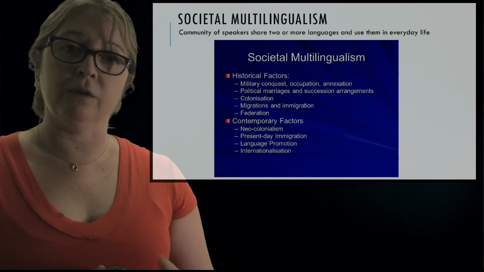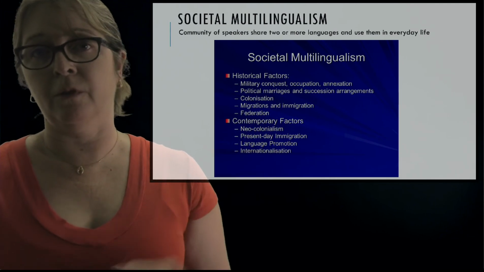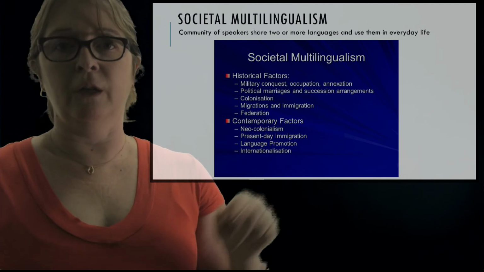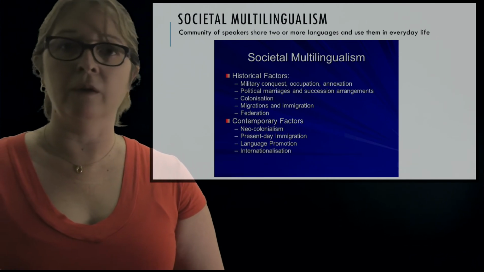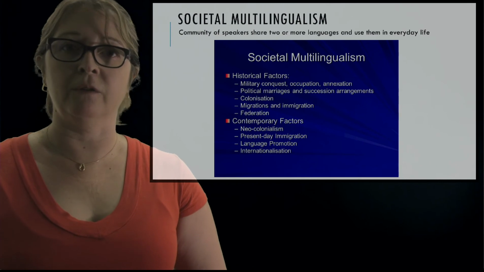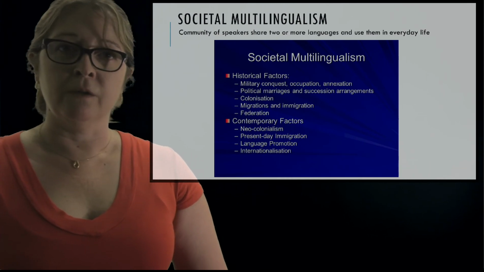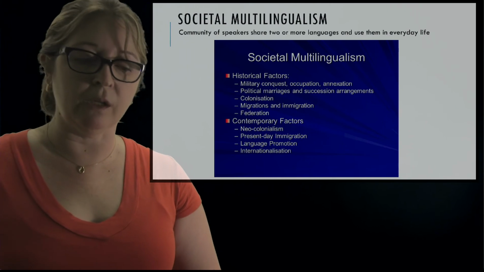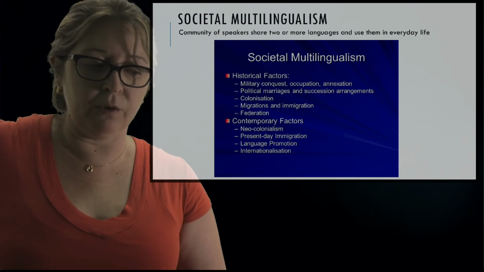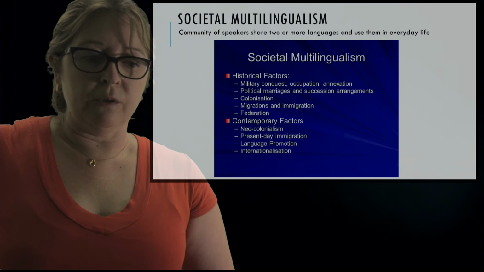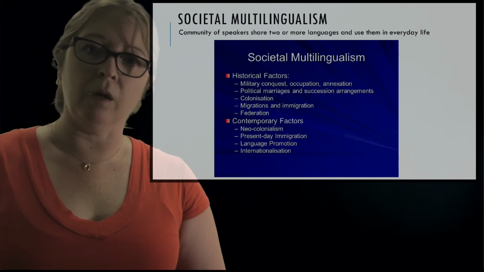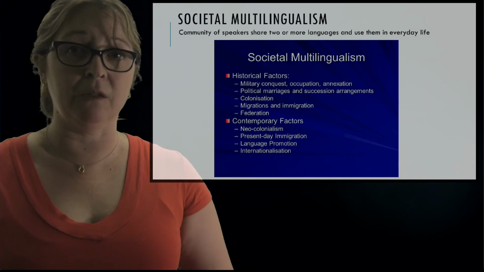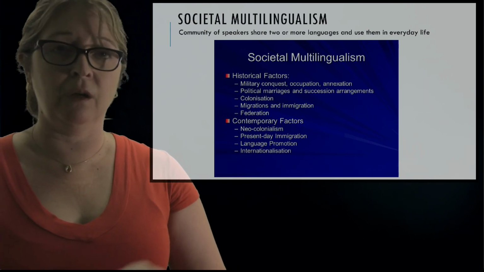Contemporary factors, I would say that would be contemporary as well: present day immigration, language promotion, internationalization. So it'll be interesting to see what languages are pushed during the World Cup, which is coming up soon. The soccer, because so many countries compete.